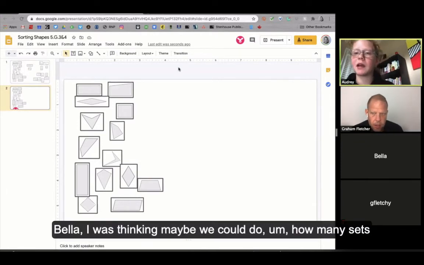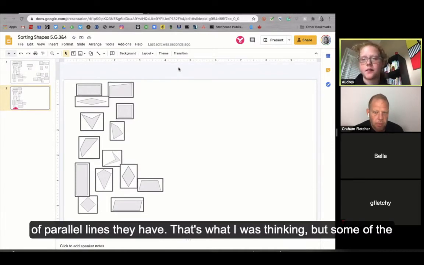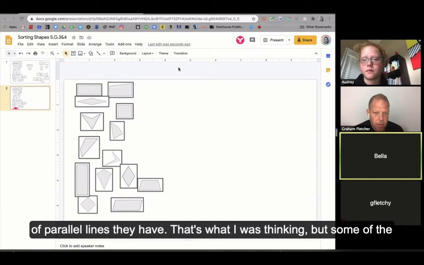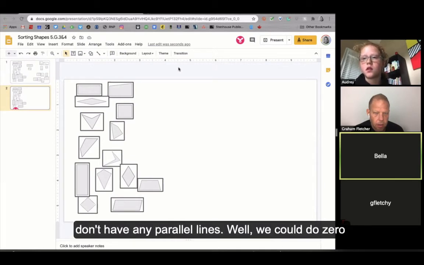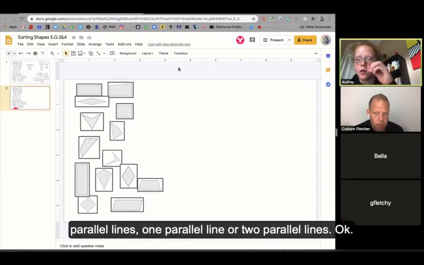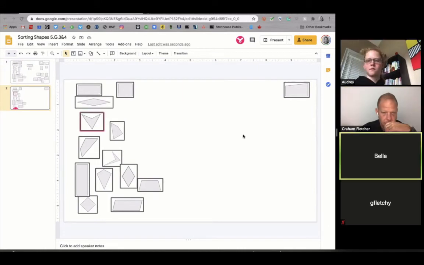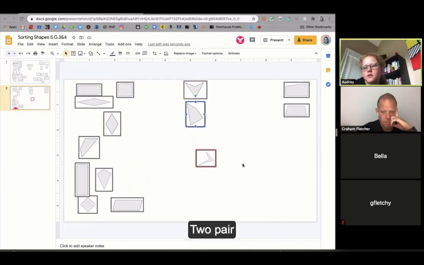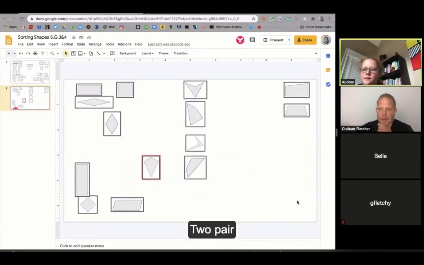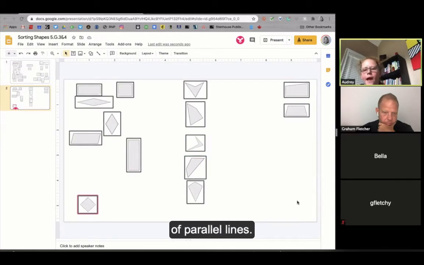Bella, I was thinking maybe we could do how many sets of parallel lines they had. That's what I was thinking. But some of them don't have any parallel lines. Well, we could do 0 parallel lines, 1 parallel line, or 2 parallel lines. Okay. Two parallel lines.